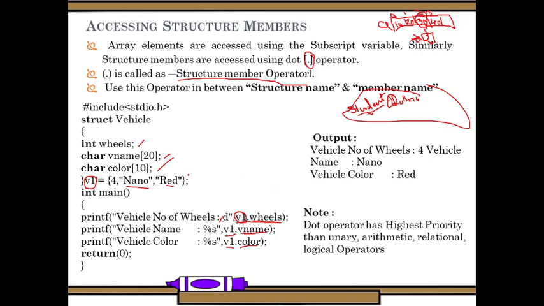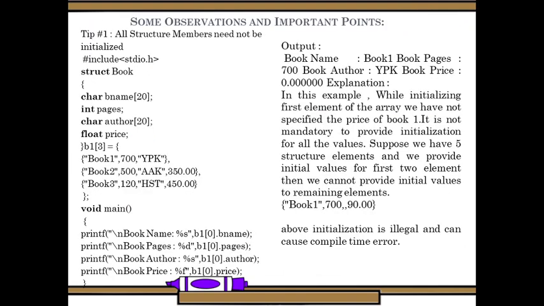Here is one note: the dot operator has a higher priority than the unary, arithmetic, relational and logical operators. In one of our previous videos we discussed operator precedence, right? In that operator precedence, when evaluated, the dot operator has the highest priority compared to any other operators. So some abbreviations and important points to remember we are checking out.